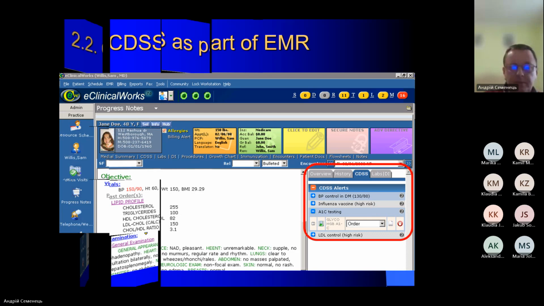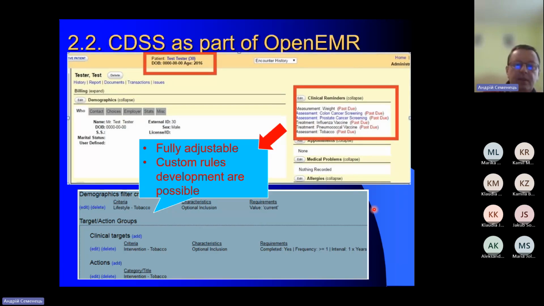flagged. Yet another case from another application, OpenEMR, this time a free open source solution. The previous one was commercial, this time free open source. Actually, you will be given an example of such a system during practical classes. And here is its colored clinical reminder.